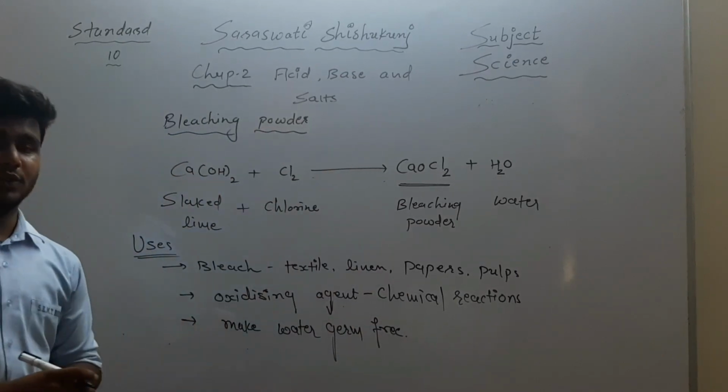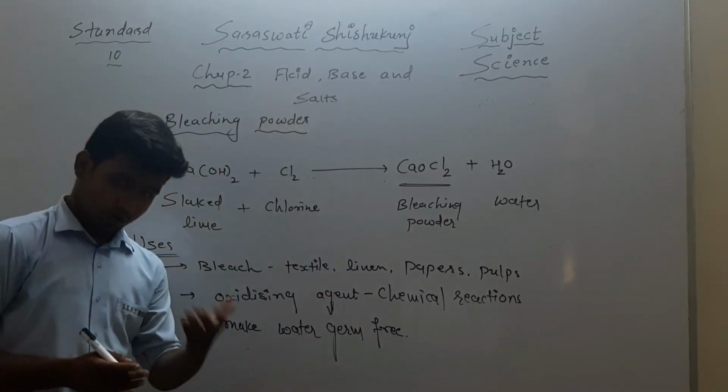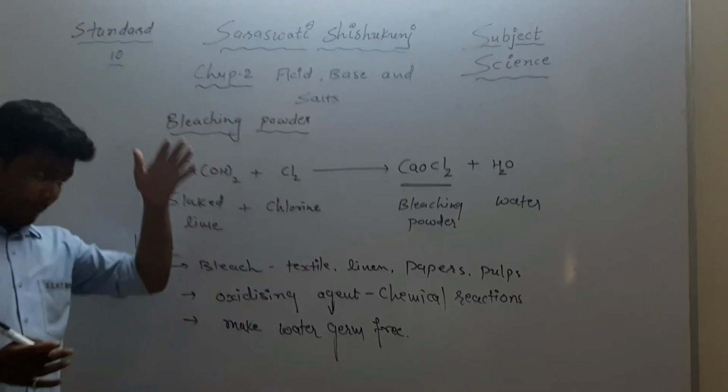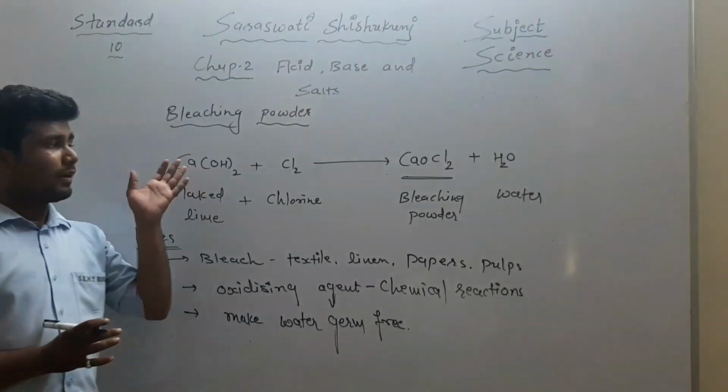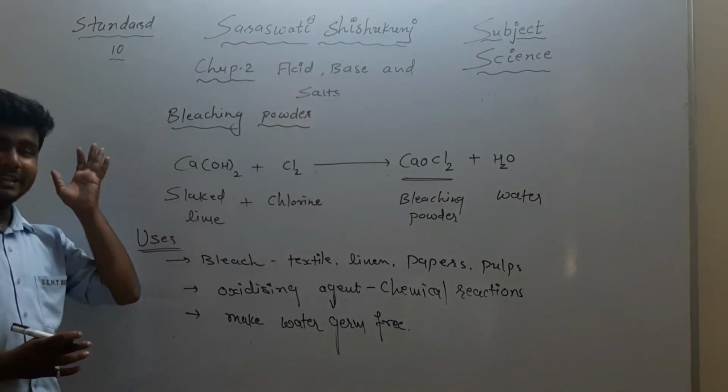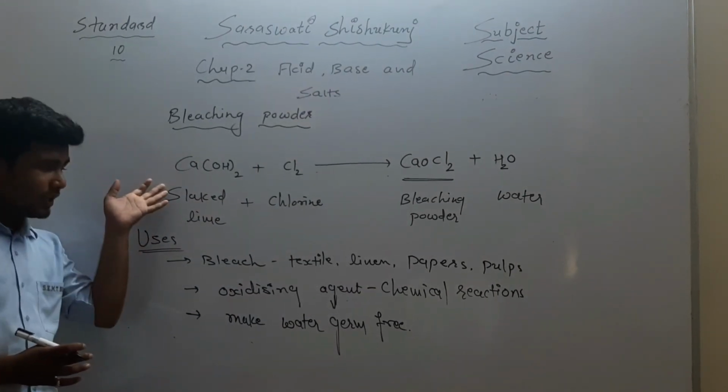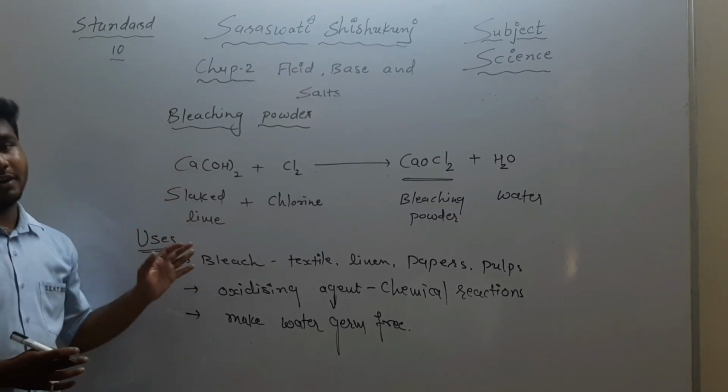So this way this question can be asked to you, that write a short note on bleaching powder or write preparation and uses of bleaching powder, right? So we can write the process, then we can write the equation, and then we have to write their uses.